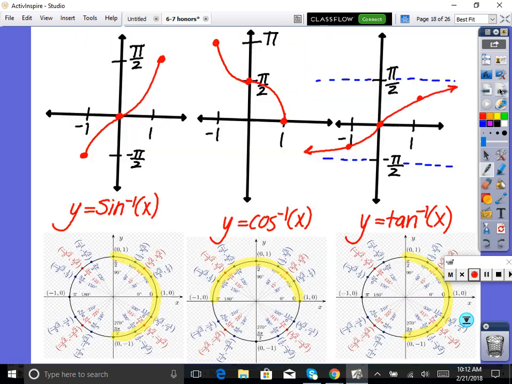Okay, cool. I would take a picture of this right here. Here is the sine inverse graph, the cosine inverse graph, and the tangent inverse graph. A couple things to note here. Notice for sine, our outputs are the top and bottom, which is the exact same as tangent: quadrant 1 and negative quadrant 1.